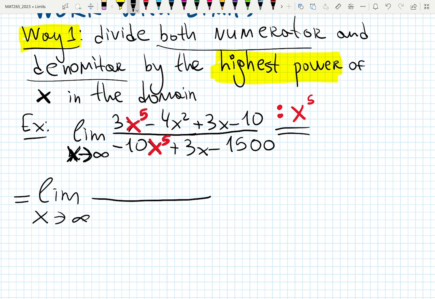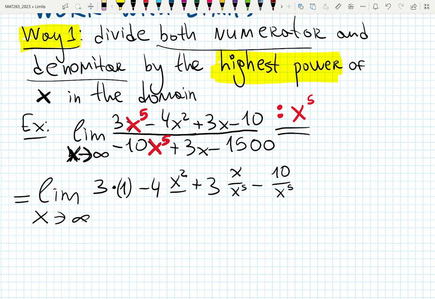When you divide by x^5, you divide each term by x^5. So 3x^5 over x^5 is 3, minus 4x^2 over x^5, plus 3x over x^5, minus 10 over x^5. I should probably write down everything so you have good notes.